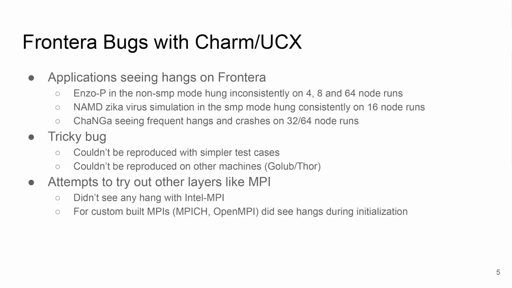A similar observation was seen with NAMD for one of the Zika virus simulations, which in the SMP mode hung for 16 node runs. And this was fairly consistent. Every time we ran it, it hung. And Changa as well was seeing crashes on 32 and 64 node runs, and sometimes hangs during load balancing.